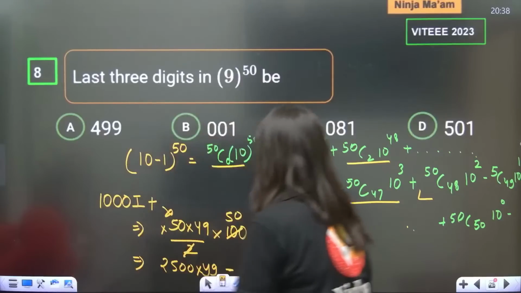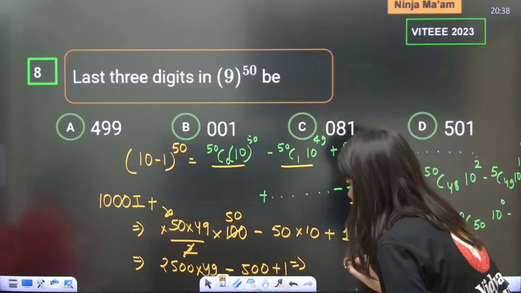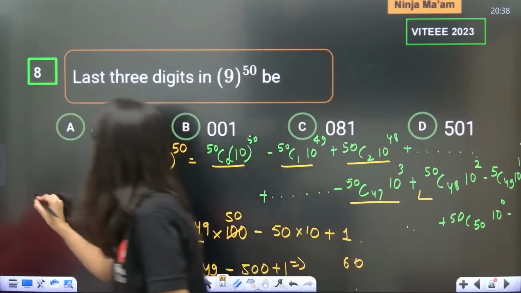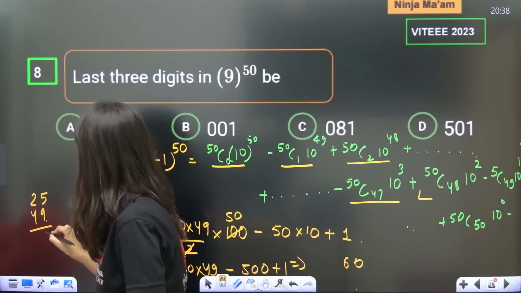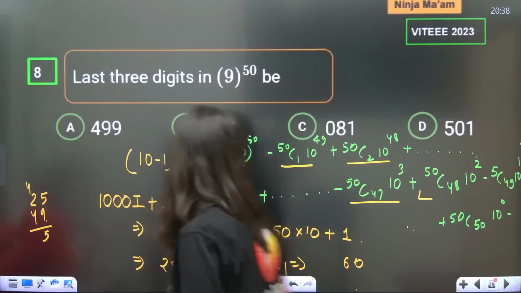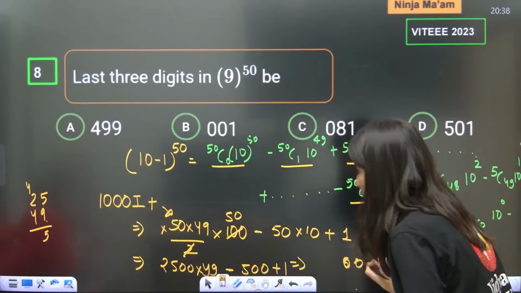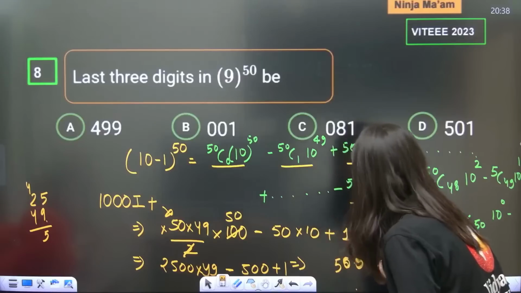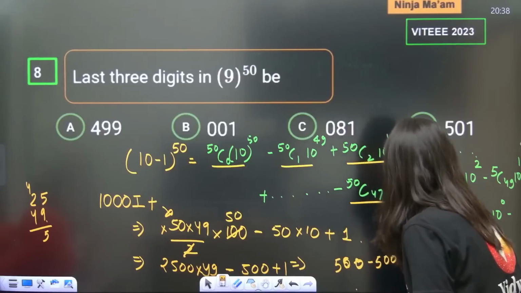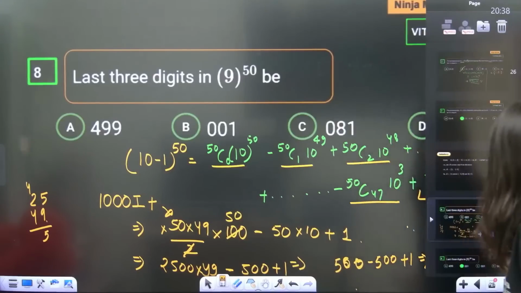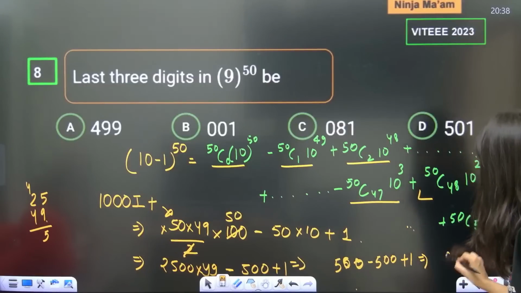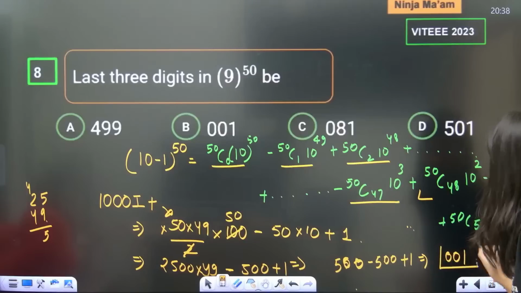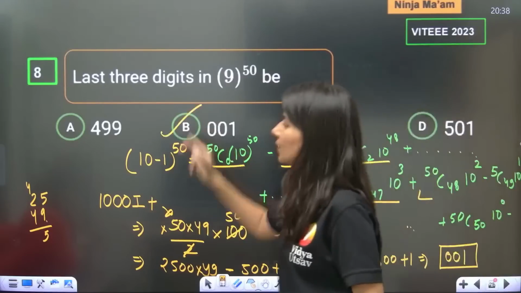So finally what you are going to get is 00, 25 into 49. 5 9s are 45, 4 carry. So, this is again double 0, but 5 will be in the end, minus 500 plus 1. So the final answer will be 500 minus 500, 001. 001 is the correct answer, which matches with option B.